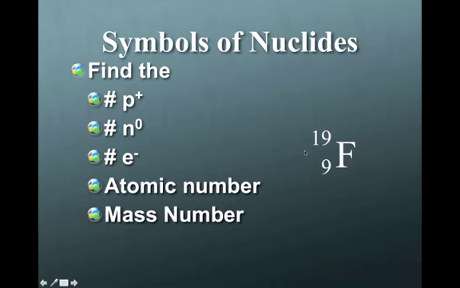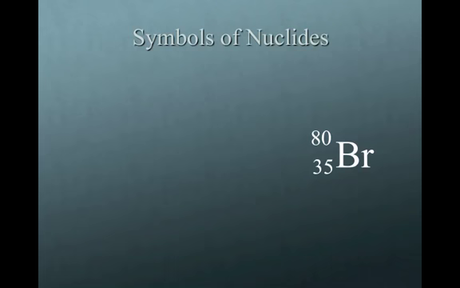The number of neutrons equals the mass number minus the number of protons. The mass number of fluorine is 19, so we subtract 9 from 19 and get 10 neutrons. The number of electrons equals the number of protons, which is 9. The atomic number equals the number of protons, which is 9. And the mass number is displayed for us in the upper left-hand corner, which is 19.